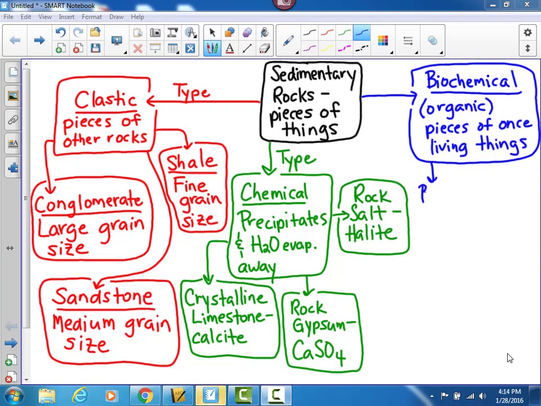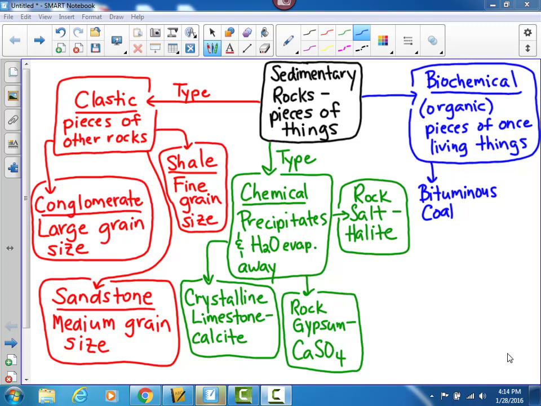The first one is called bituminous coal. Coal is something that you're probably familiar with. You probably know that it's black. You probably know that it's used as a fuel. You can burn coal and get energy from it. You might not know that there are 3 different types of coal. One you'll see in your sedimentary lab, one you'll see in your metamorphic lab.